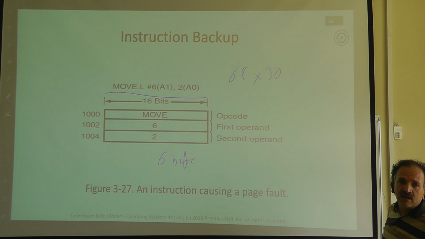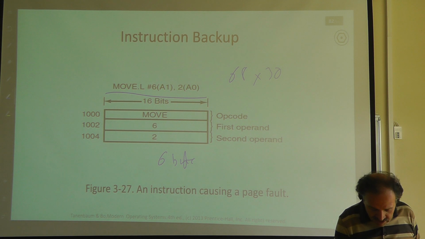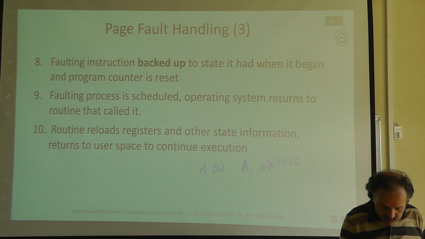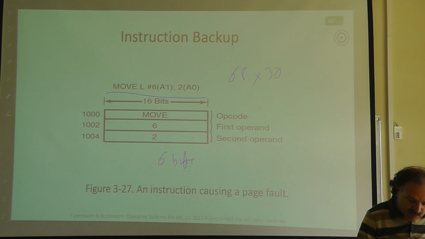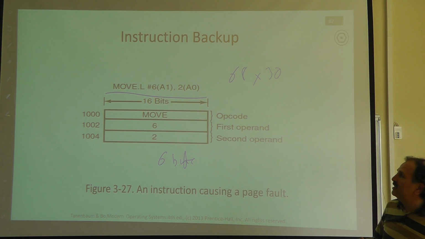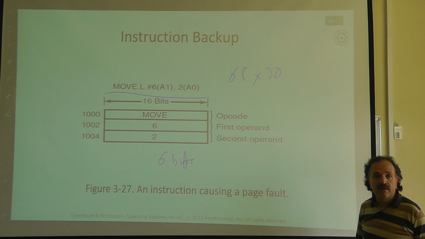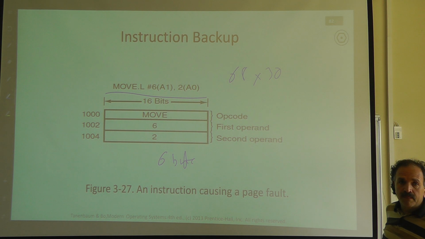If the instruction did something, I need to undo those things, and that becomes complicated. This number 8, faulting instruction backup, returns to the state it had when it began, and the program counter is reset. Sometimes backing up the instruction is very complicated depending on the processor type. Do you understand what this backup means? Most of the time you are in the middle of your instruction, and you need to update your program counter to go back to the beginning of the instruction, so that it can continue now that you know the page is available.